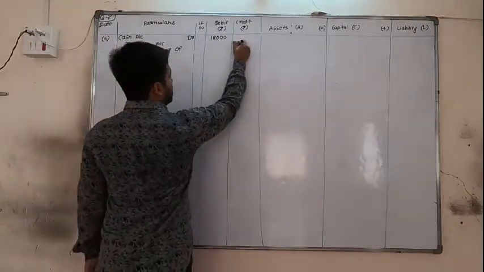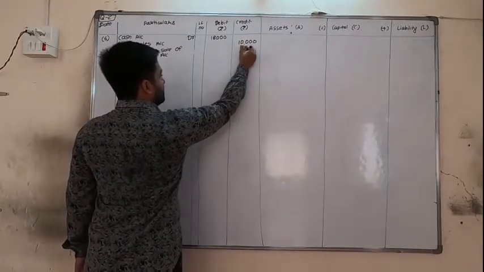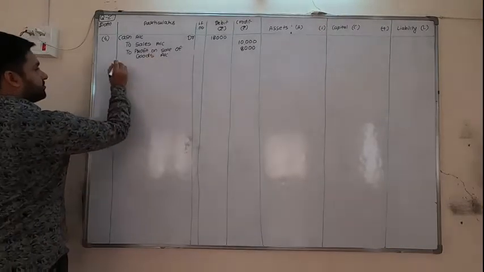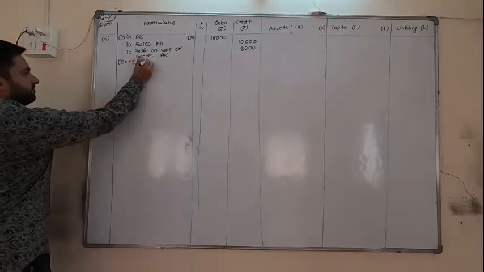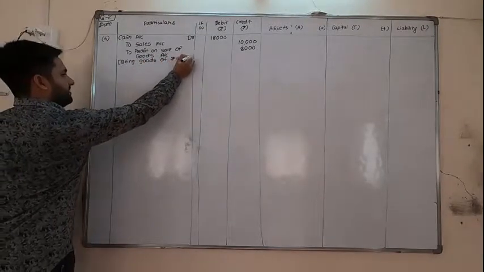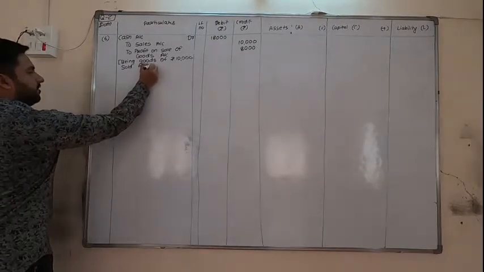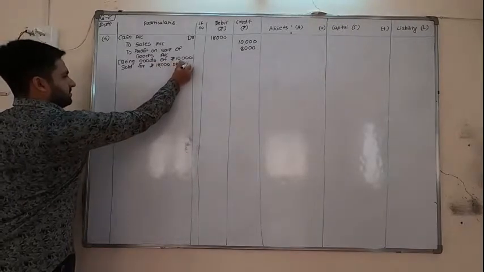Our goods are going out, so sales credit 10,000, and the remaining 18 minus 10, 8,000, is our profit. So that is profit on sale of goods, being goods of rupees 10,000 sold for rupees 18,000 in cash.